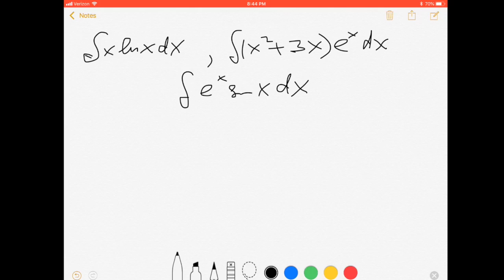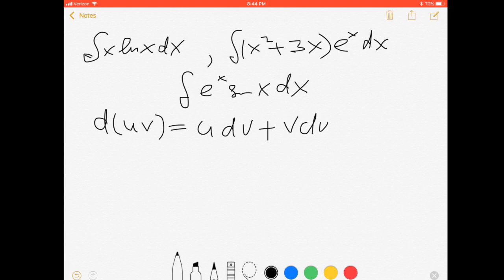But before we prove this formula, go back and remember what the derivative of a product of two functions is. The differential is u dv plus v du. This means u dv will be d(uv) minus v du.